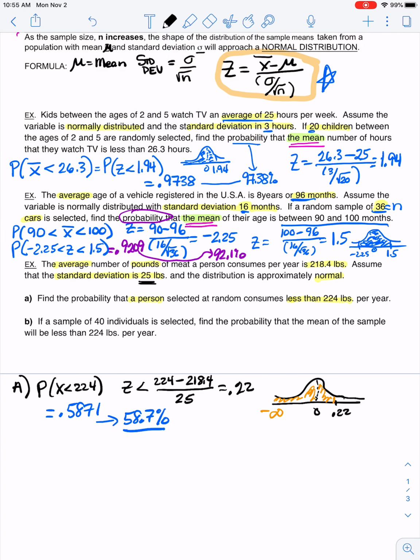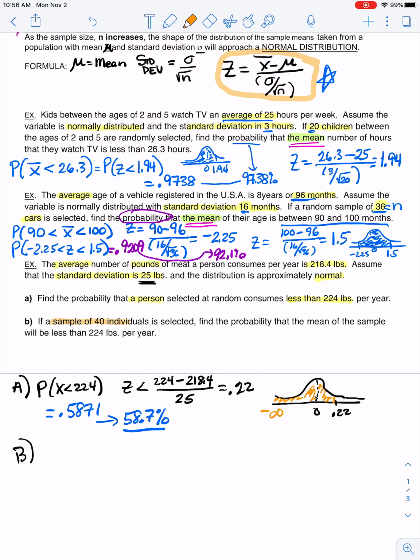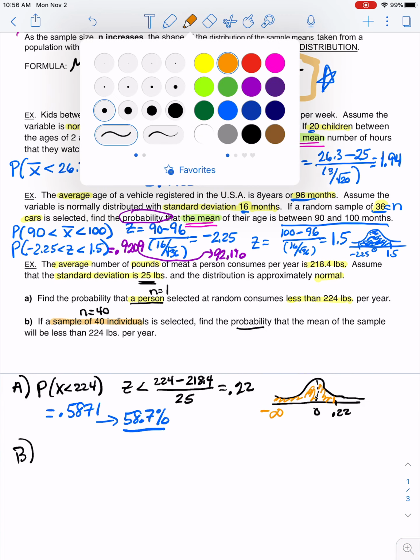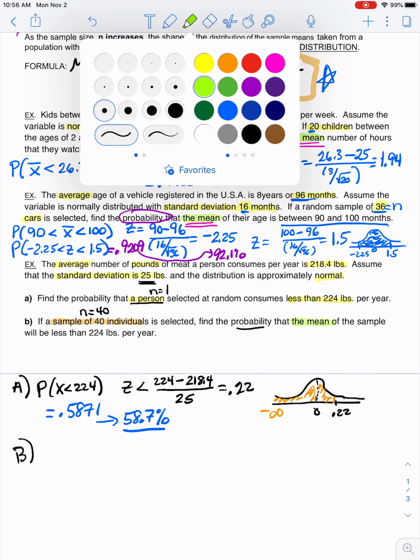All right, so then part B, what's up with that one? Well, it says if a sample of 40 individuals, oh, how about that? That's going to be your n. It is 40 instead of a person, which is 1. Find the probability that the mean, there it is again, heads up, red alert.